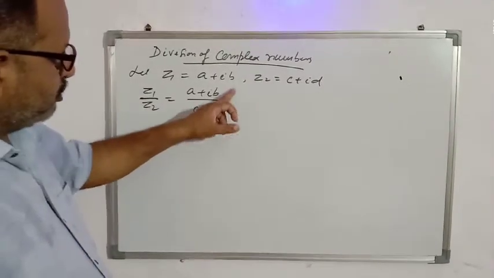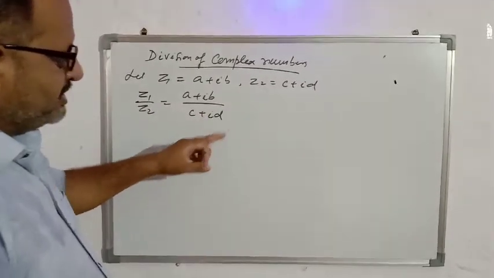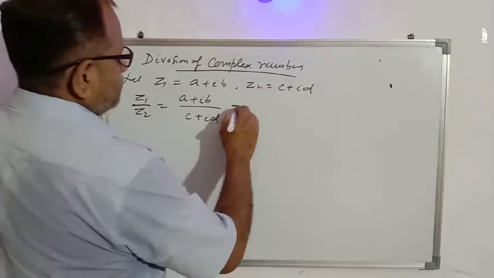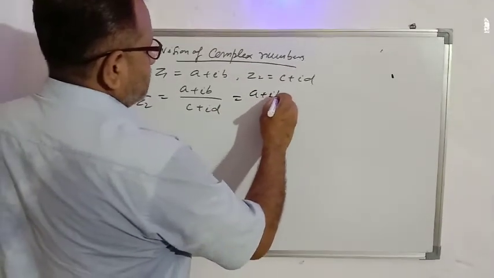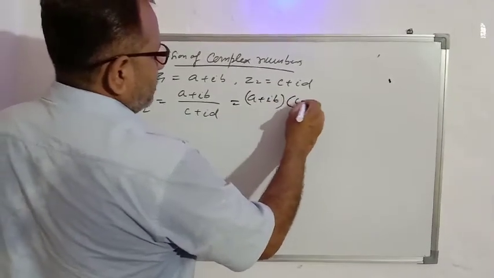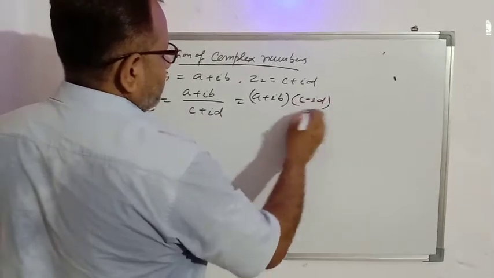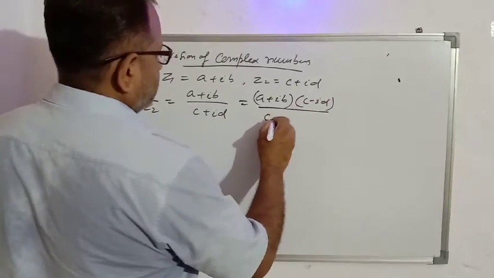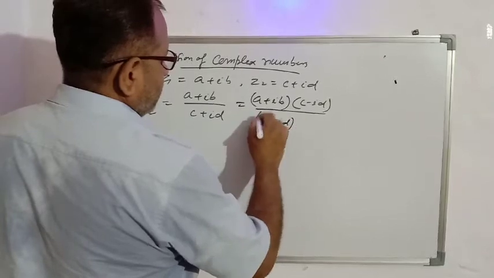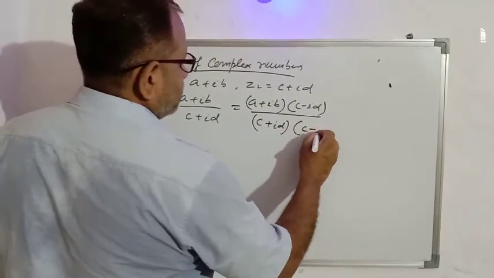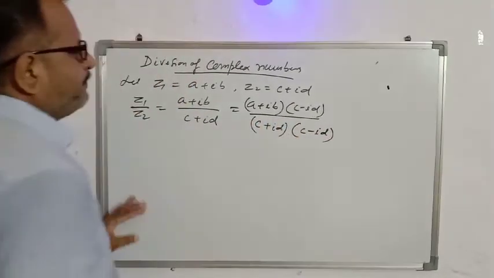Now multiply both numerator and denominator by c minus id. a plus ib into c minus id upon c plus id, c minus id.